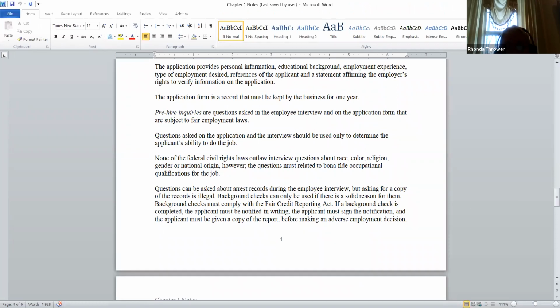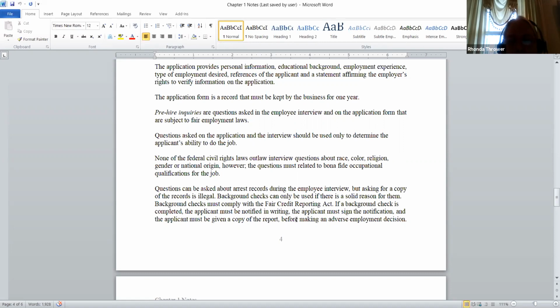I thought it was also interesting in your textbook that they pointed out that you can ask questions about arrest records during the employee interview, but you can't ask for a copy of the records. That is illegal. You can do background checks only if there's a solid reason for the background check. And the background check has to comply with what they call the Fair Credit Reporting Act.